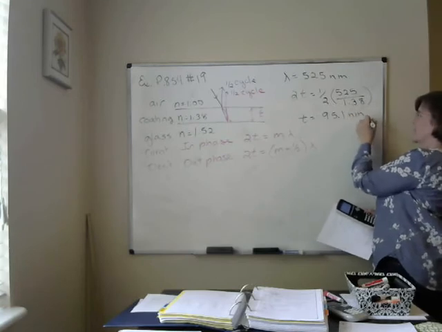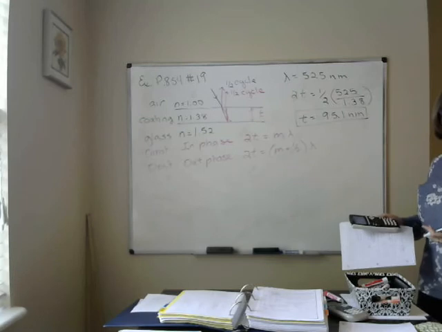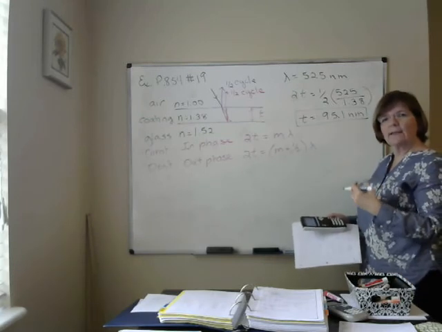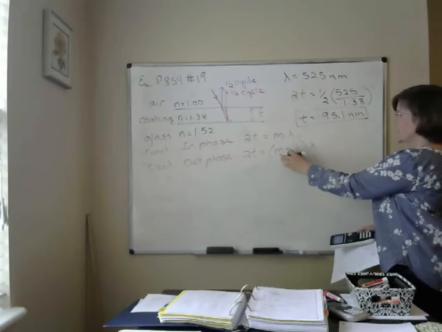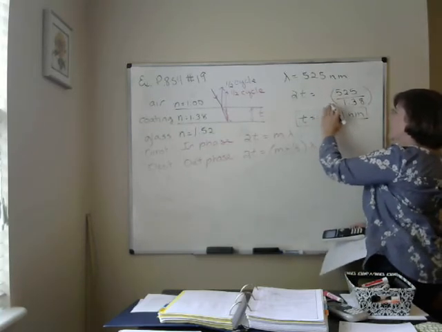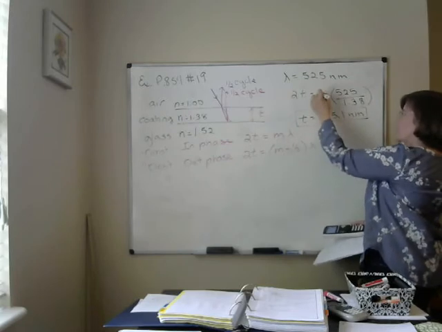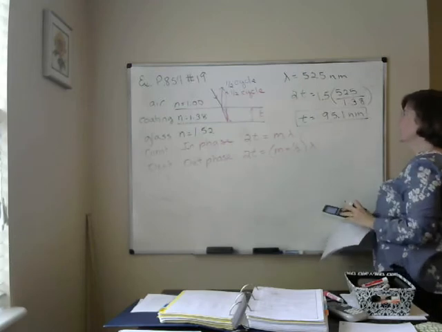Now, it's possible that that thickness would not be thick enough to be durable, and they might want to use a thicker coating. If they wanted to use a thicker coating, instead of putting a 0 here and having a 1/2, we could put in a 1 here and have 1.5 and make a thicker coating.